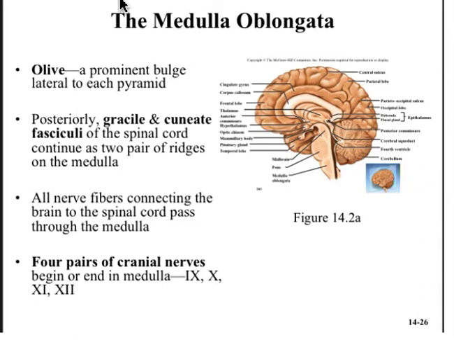Now, the gracile and cuneate fasciculae are tracks that run up and down the spinal cord. And what you want to remember is that they are ascending tracks, and they terminate in the gracile and cuneate nuclei, which we're going to see in cross-section in just a minute.